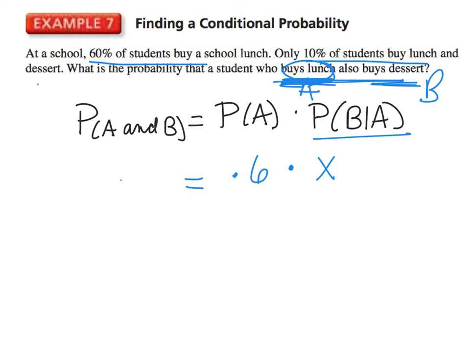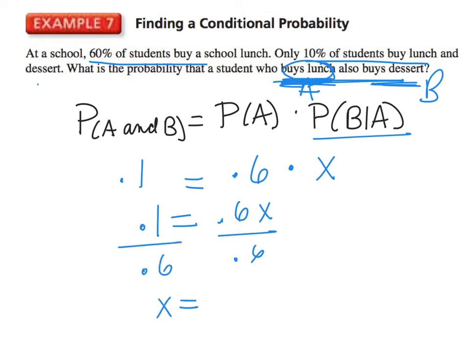So that means the probability is 10%. So now we just have our equation, 10% equals 60% X. We divide both sides by 0.6. X equals 1/6, or about 16.7%, is the probability that a student who buys lunch also buys dessert.